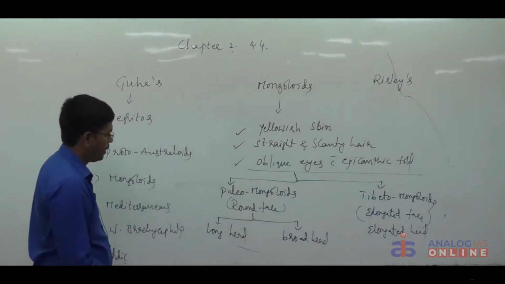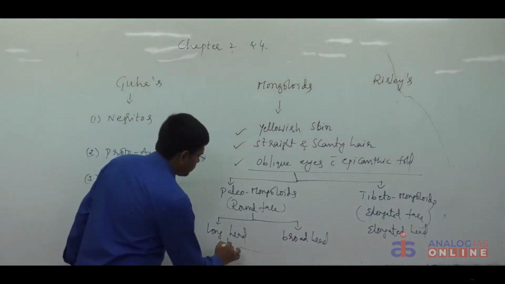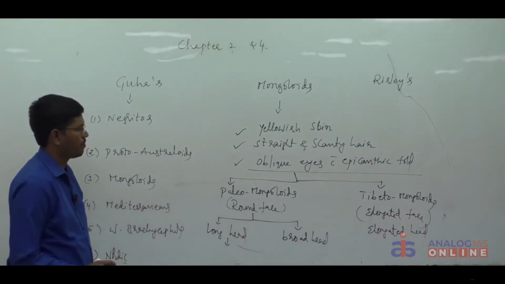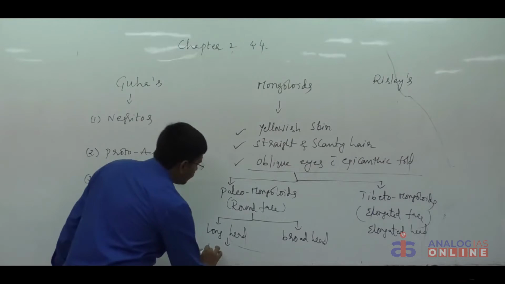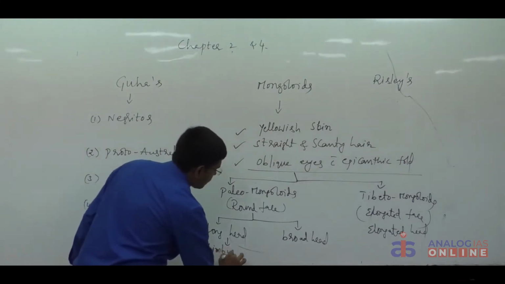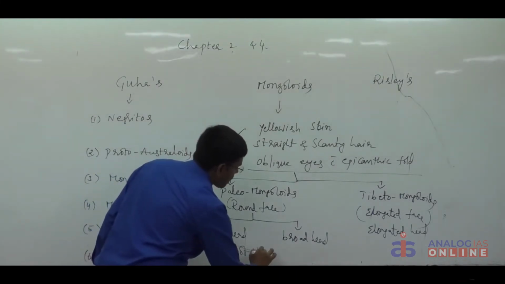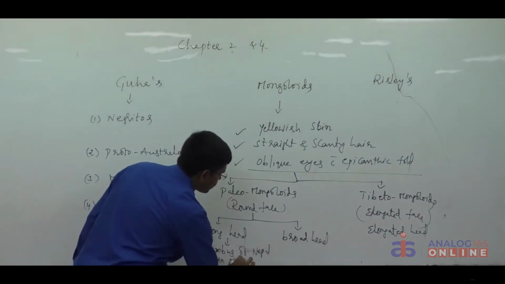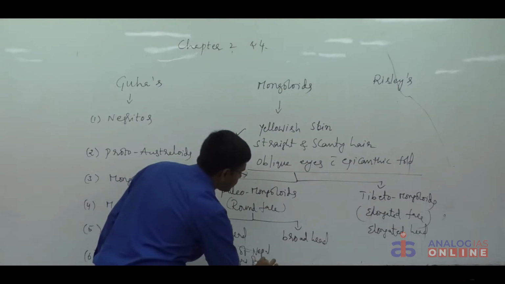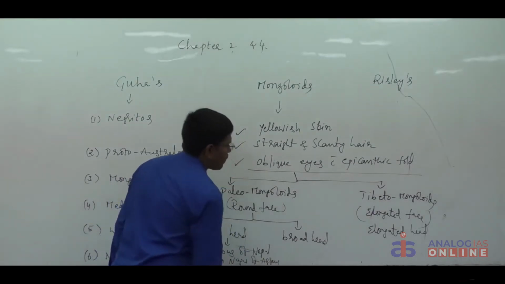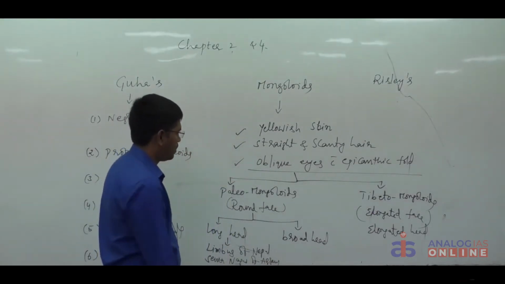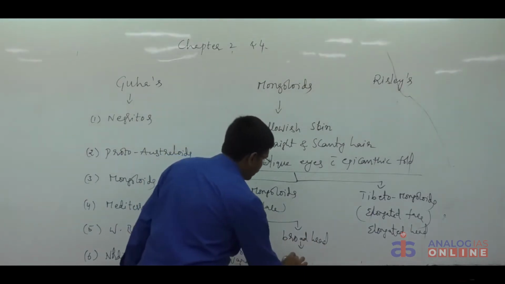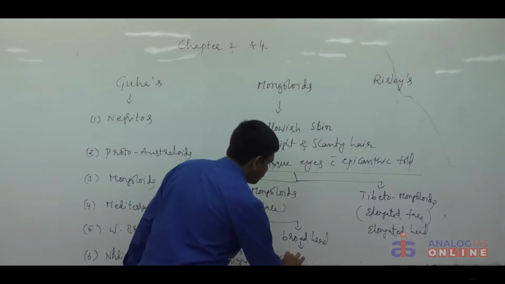Now, here the representatives of long-headed Paleo-Mongoloids are Limbus of Nepal, then Sima Nagas of Assam, whereas the broad-headed Paleo-Mongoloids are there in the West Bengal and Sikkim region.